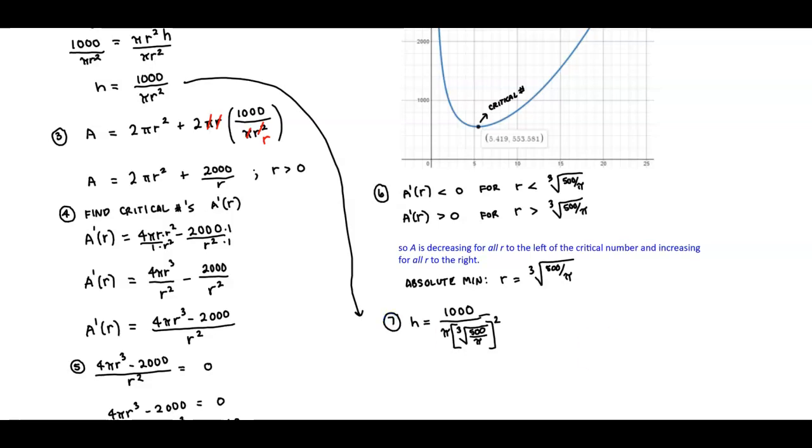Okay, so we're going to have to use some algebra here. We got 1,000 over pi times 500 over pi to the power of 2/3.